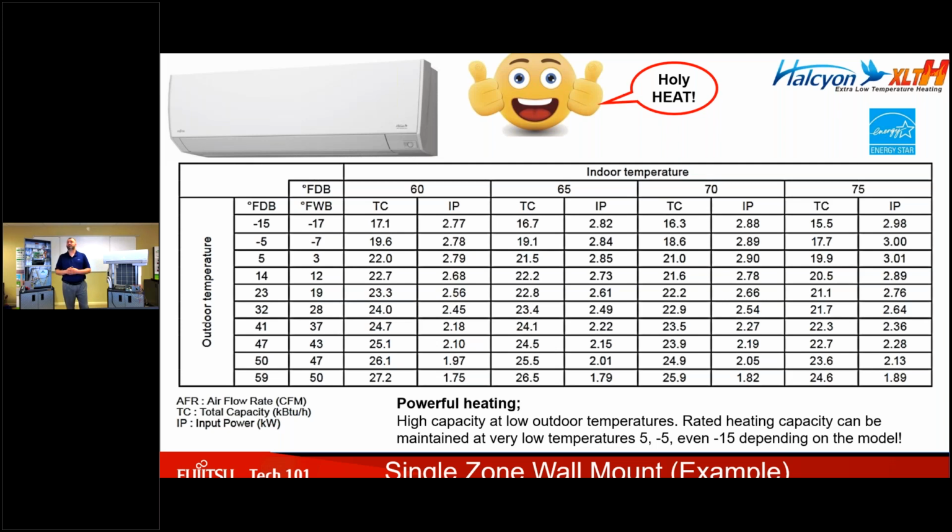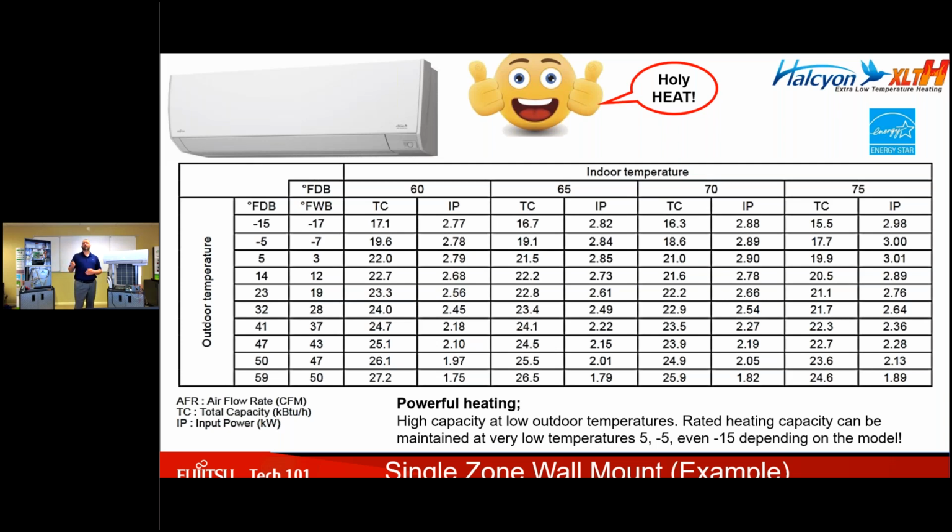But if you take a look at the chart, on the left-hand side you have your outdoor ambient temperature, then you have your indoor ambient temperature across the top, and that TC is going to be total capacity. That's what we're going to be reading, so that's total capacity in BTUs.